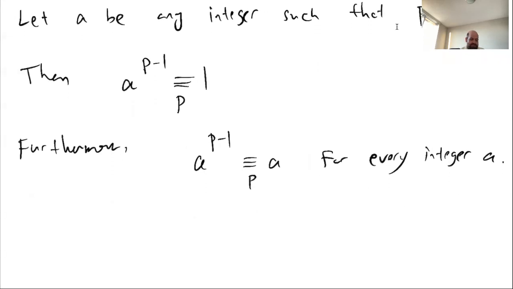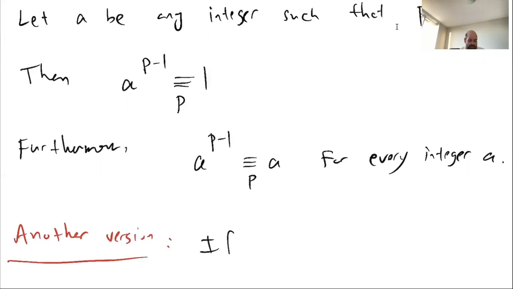So before giving examples and also proving this, let me state this theorem as an equality in ZP. So, another version: if A is not equal to 0 in ZP, right?